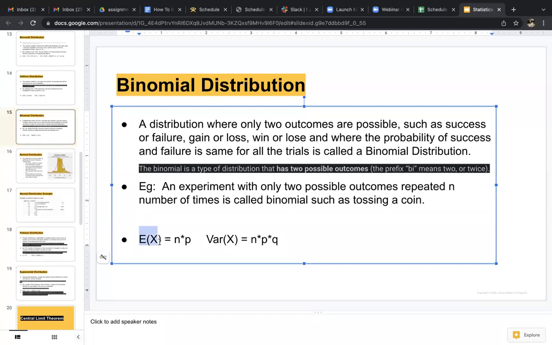The expected value can be found by the number of times the event is performed, n, into p, which is the success rate. The variance can be found by the number of times the experiment is repeated, n, into p, the success rate, into q, which is your failure rate. q can also be found by 1 minus the success rate.